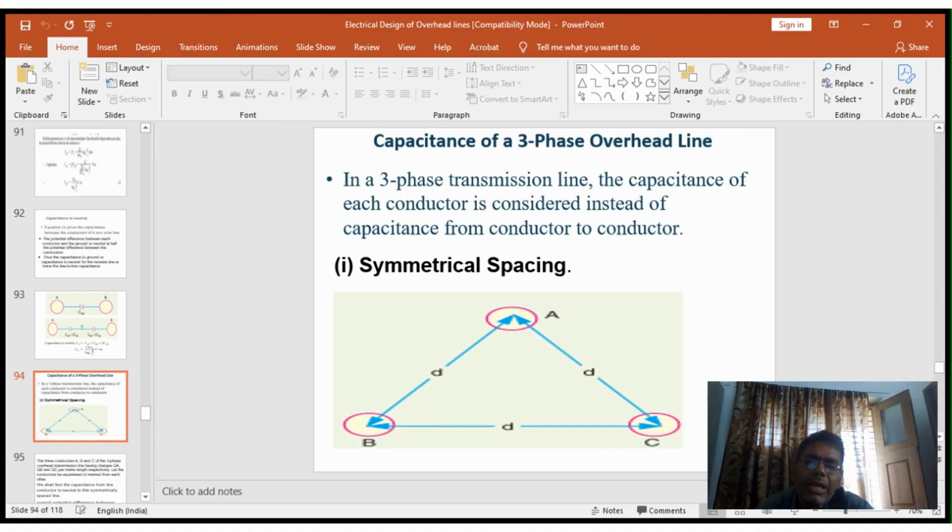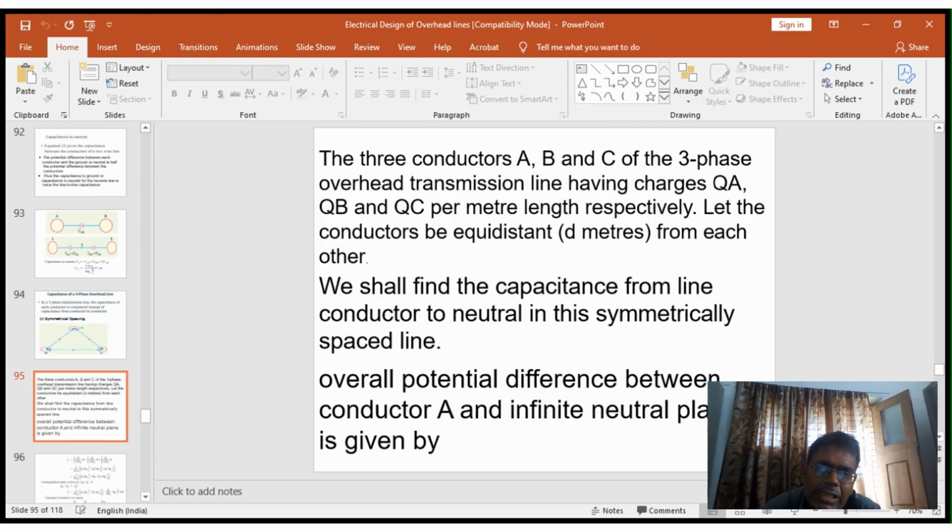Capacitance of a three-phase overhead line. In a three-phase transmission line, the capacitance of each conductor to neutral is considered instead of the capacitance from one conductor to another conductor. Symmetrical spacing: the spacing between each conductor is the same. That spacing is said to be symmetrical spacing. Then three conductors A, B, C of a three-phase overhead transmission line have the charges Qa, Qb and Qc coulombs per meter length respectively. Let the conductors be equidistant, d meters from each other. We shall find the capacitance from the line conductor to neutral in a symmetrically spaced line.